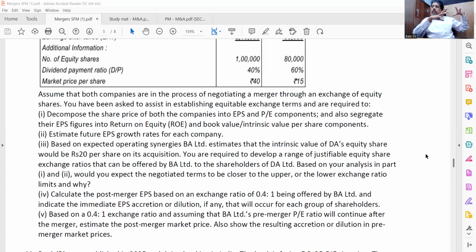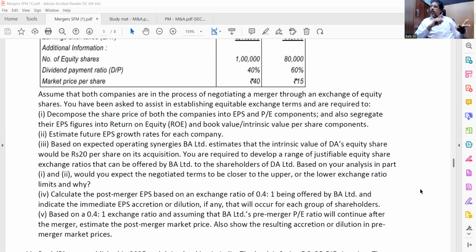Now, you just tell me, what is the earnings per share for the combined entity, Renuka? It's 2.3. You got 2.341. And you also know that earnings per share into price earnings ratio gives you the market price. Yes or no? Yes. We know that price earnings ratio is equal to market price divided by EPS.